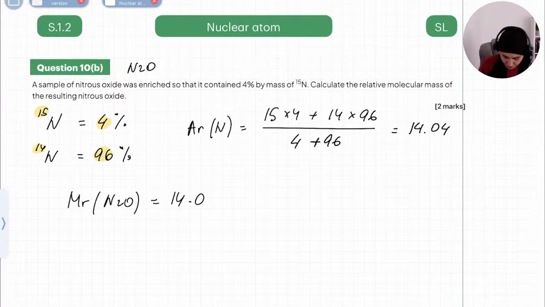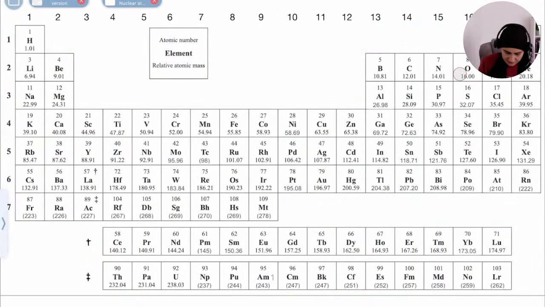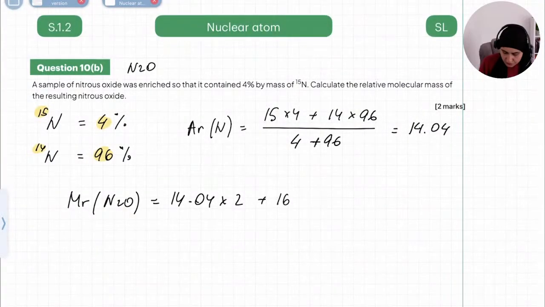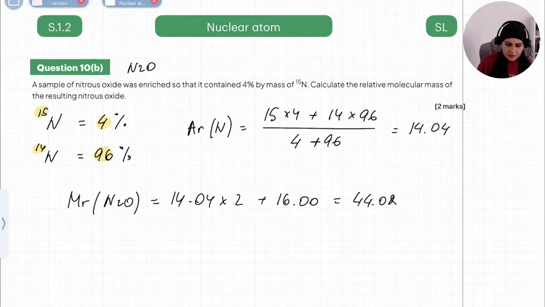So 14.04 times 2 plus oxygen, 16.00. Remember all molar masses to 2 decimal places in IB. 14.04 times 2 plus 16 is 44.08. So 44.08, with 2 nitrogens and 1 oxygen in that molecule. Next.